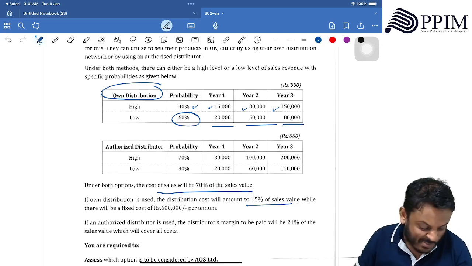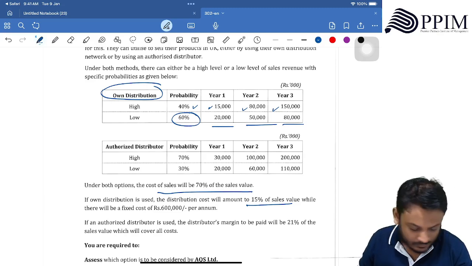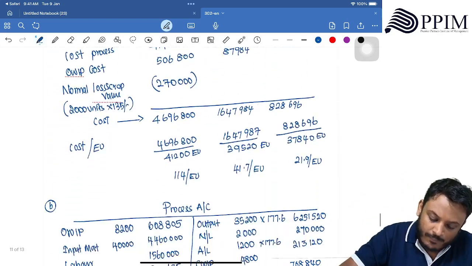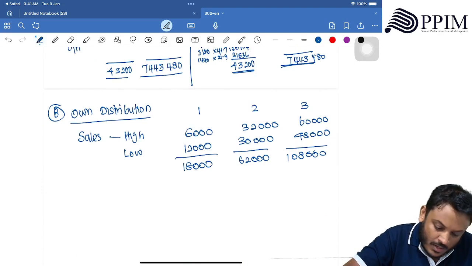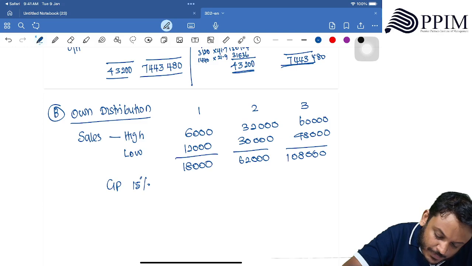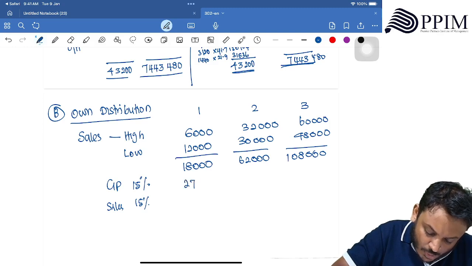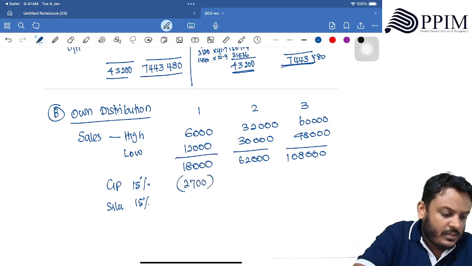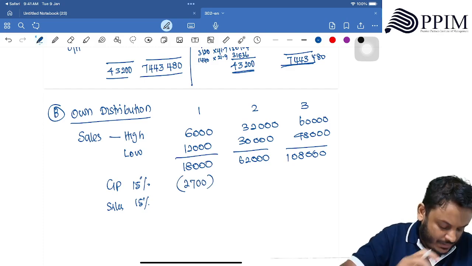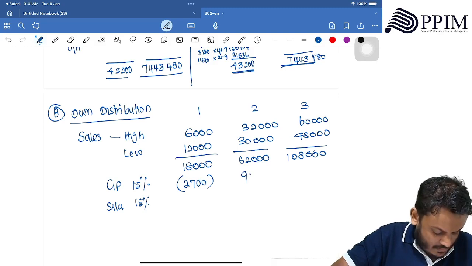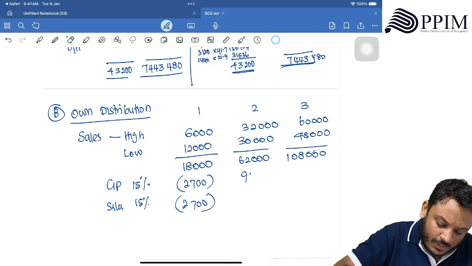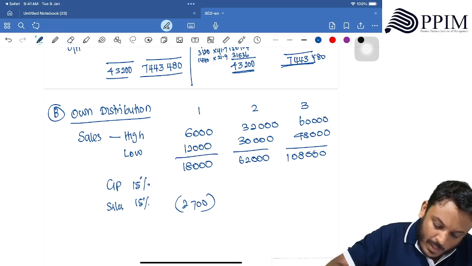So 18,000 at 15% is 2,700. 62,000 at 15% is 9,300.